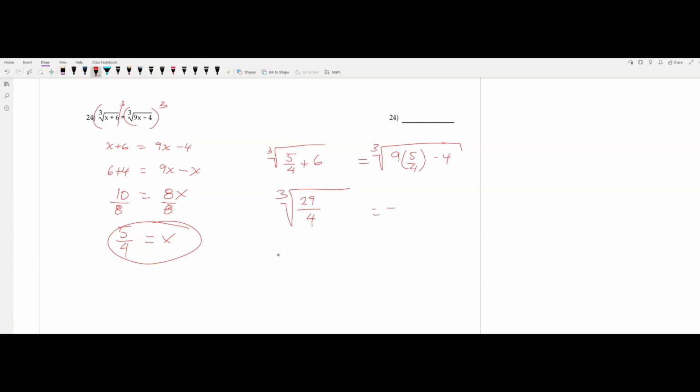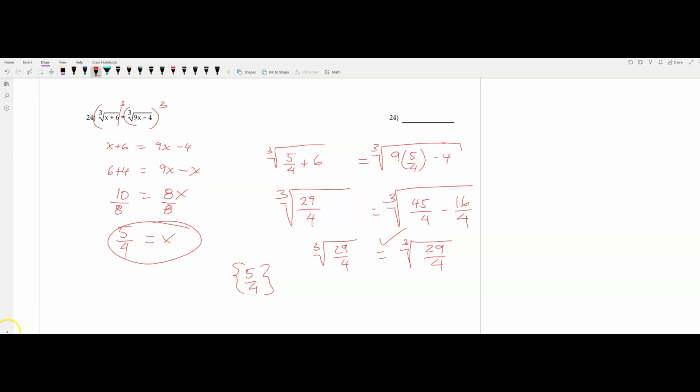And then here we get the cubic root of 45 over 4 minus 16 over 4, right? 45 minus 16 is 29. So cubic root of 29 over 4. Both sides are equal to each other. Beautiful. So my solution is 5 over 4.